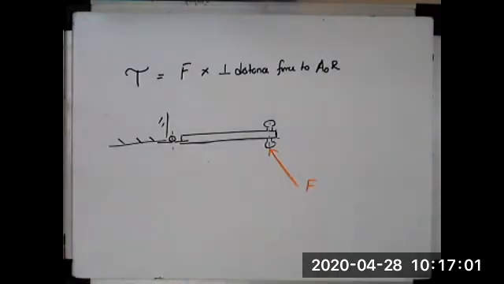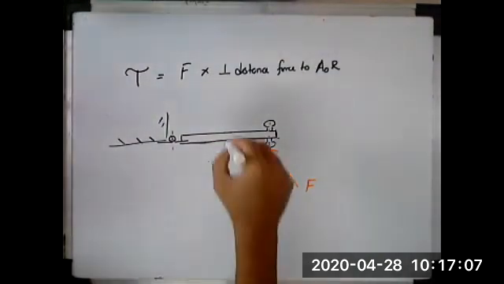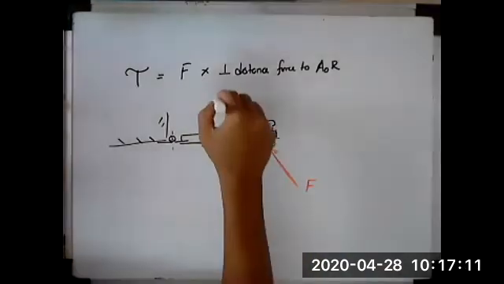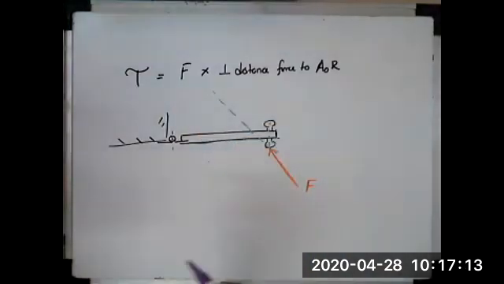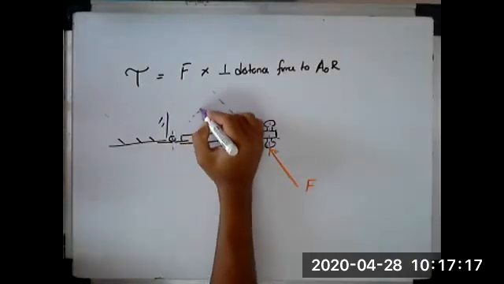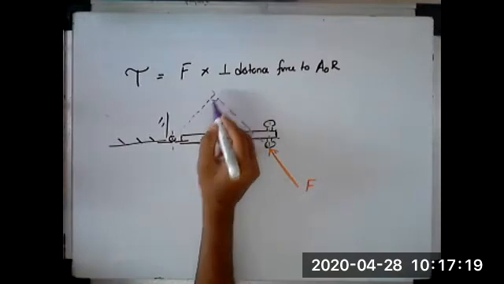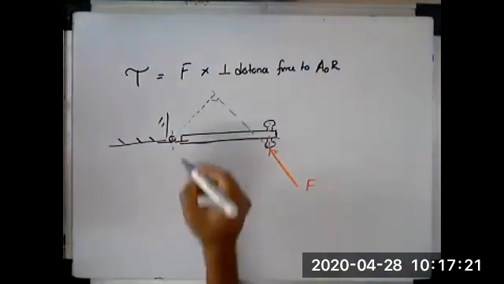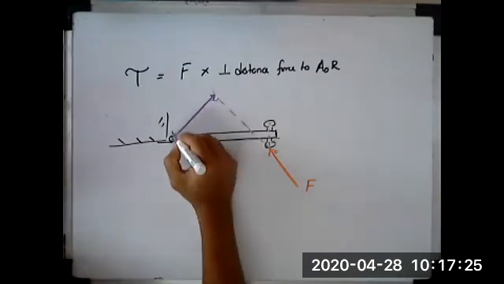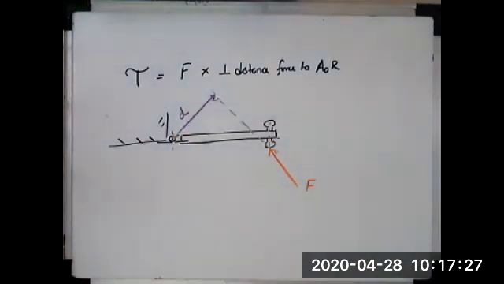If the force acts like that, then the line of action of the force is going to be like so, right? And then the shortest distance between this and that will be the perpendicular that is dropped from here, right? So that has to be 90 degrees. Then this will be the distance through which the force acts.